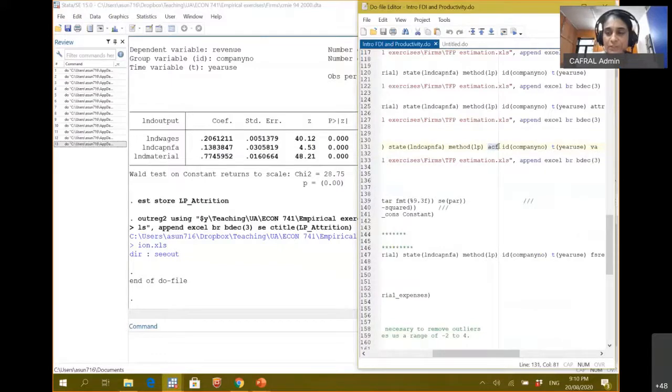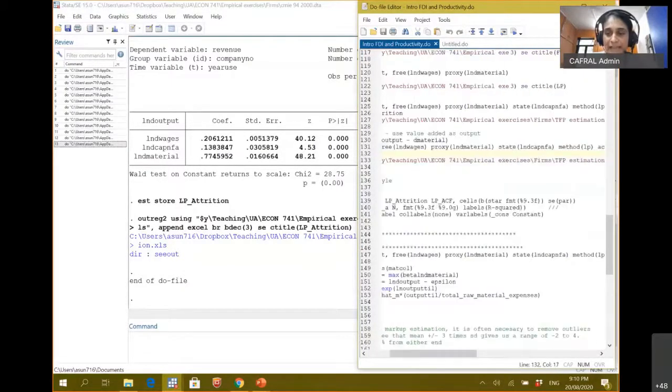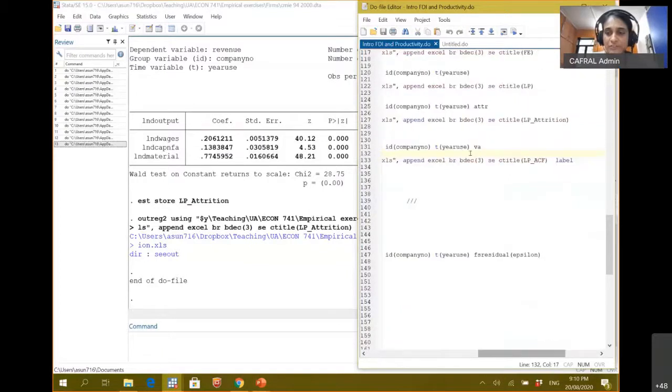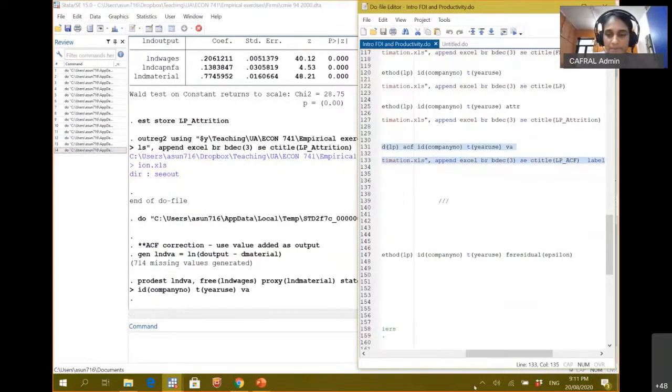ACF is the option for ACF correction. And I tell Stata that I'm using the value added option. So this va option here tells Stata that this is a value added output. Okay, so then I'm going to run all of this for the ACF correction. I will also save the output.